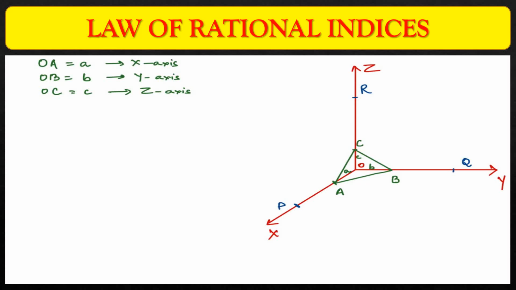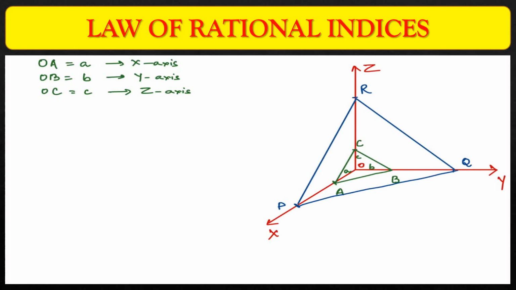Now let us consider another plane, and this time it is a crystal plane PQR. This crystal plane PQR also makes some intercept on the x-axis, on the y-axis, as well as on the z-axis.